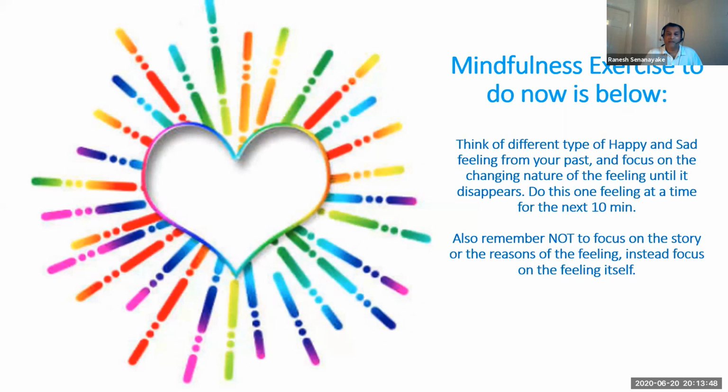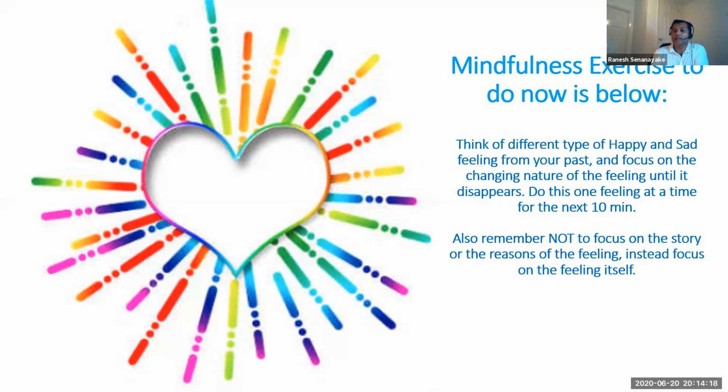And then let's say I ask you to think of an angry feeling that you felt from your past, and let's say you can't think of an angry feeling. Then you think of something else that you can think of. So you don't have to experience what I'm telling you. I want you to think of any feelings that come to your mind. But I will guide you through that.